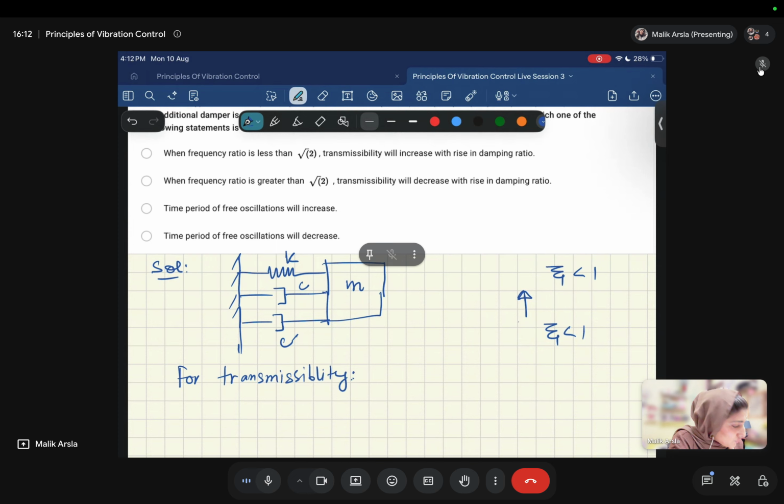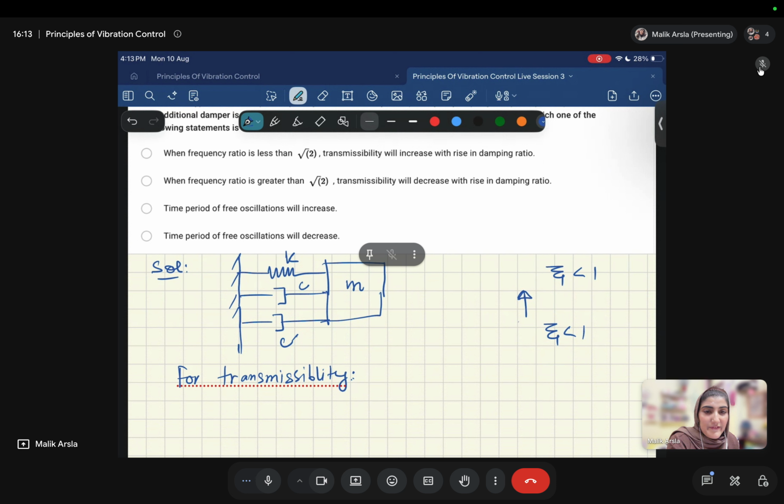I'm not going through the whole derivation, that you can do yourself, and that has been done in lectures also. You are giving a force of a harmonic nature, for example f equal to e to the power j omega t, then the response accordingly is x e to the power j omega t.